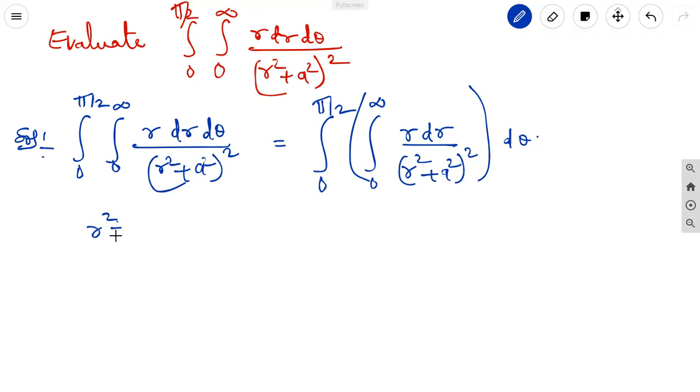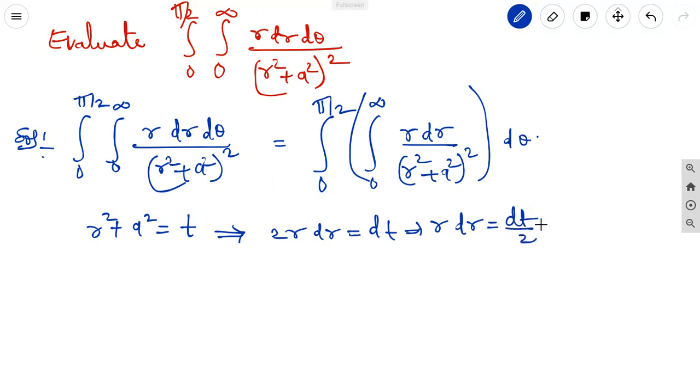Here we can take r² + a² by the substitution method. r² + a² equals t. Derivative on both sides: 2r dr equals dt, so r dr equals dt by 2. Next, to take the limits.